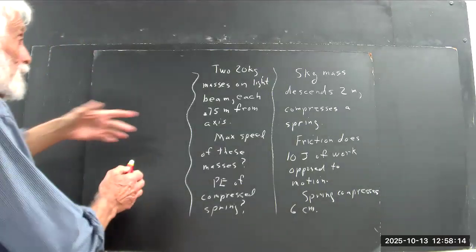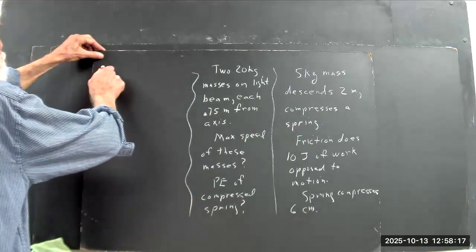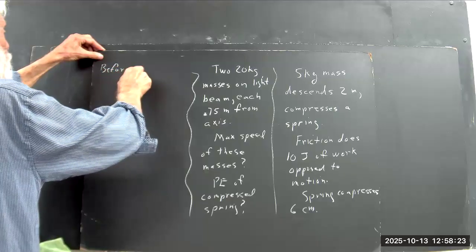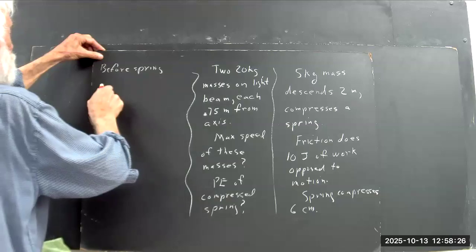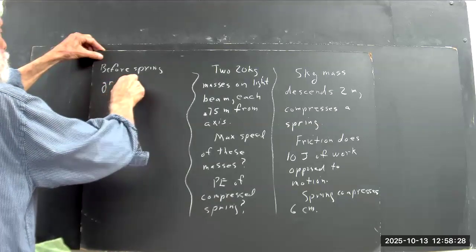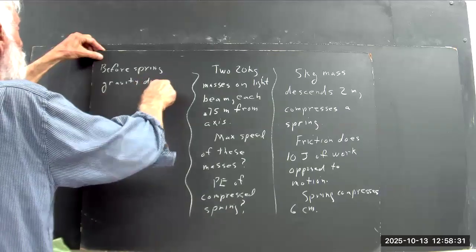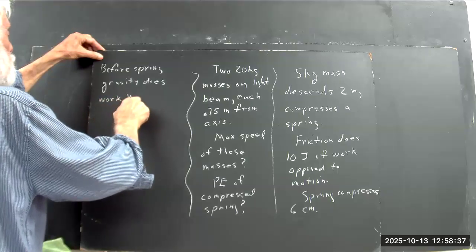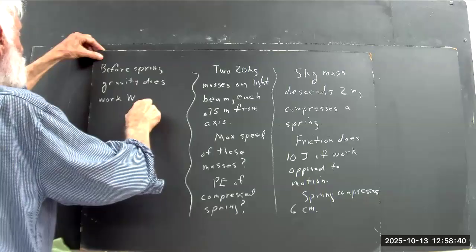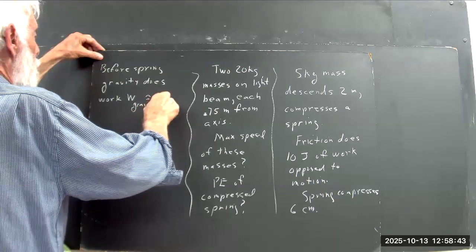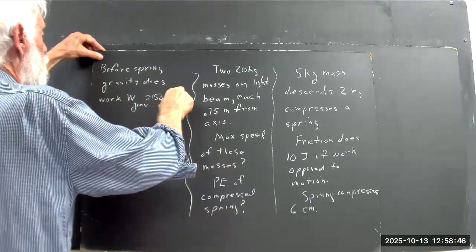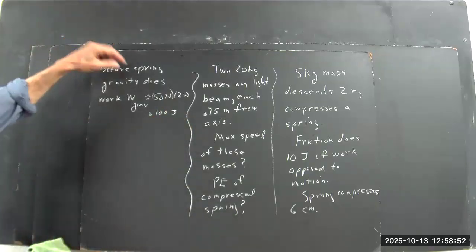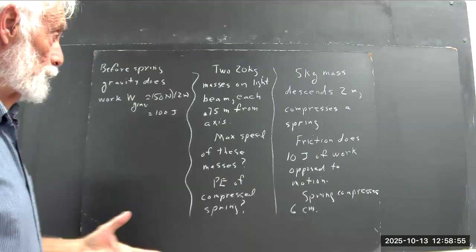So the obvious thing here is gravity does 50 newtons times 2 meters, 100 joules.